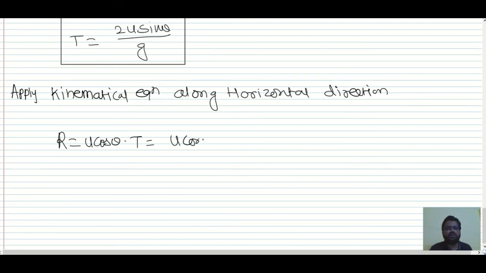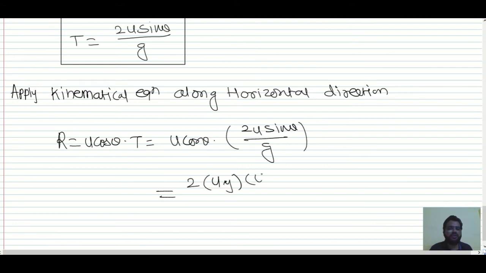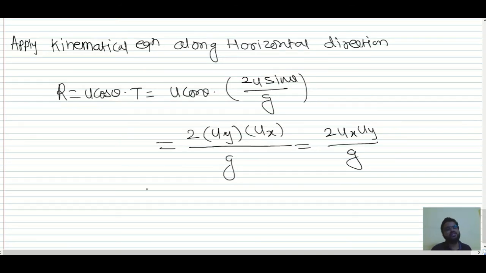So u cos theta into time of flight, which is 2u sin theta by g. So 2u sin theta is the velocity along the vertical direction, and u cos theta is the initial velocity along the horizontal direction, divided by g. So we have 2 ux uy divided by g.